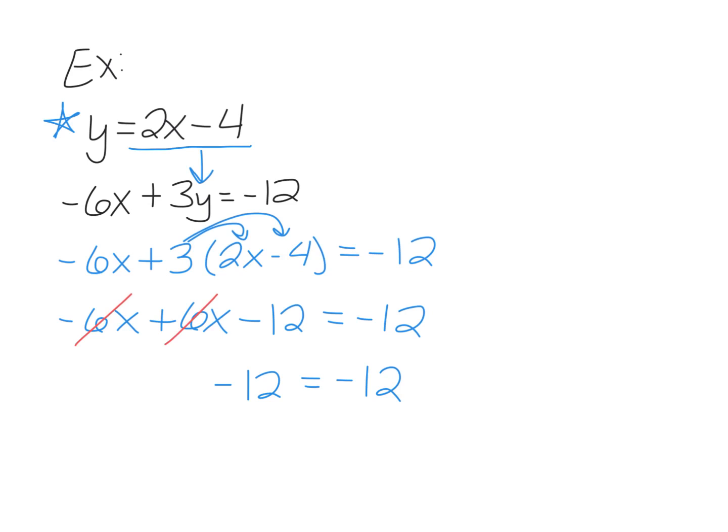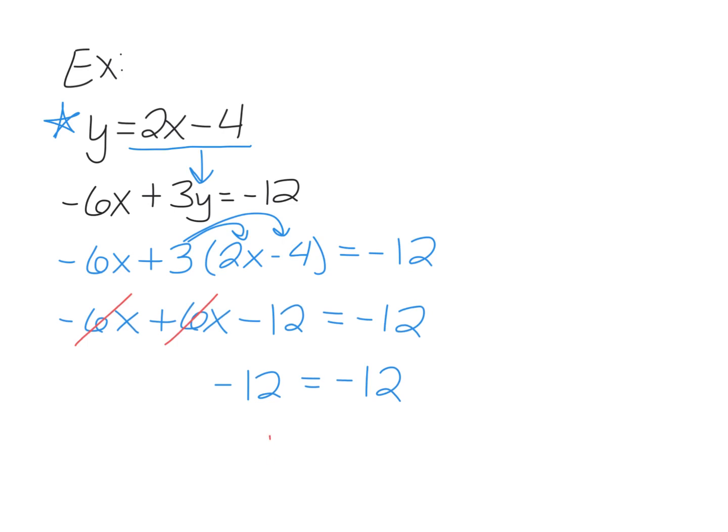Sure. If we plugged in 2, negative 6 times 2 would be negative 12, plus 6 times 2, 12. So would those still cancel each other out? And we would still get this answer? So no matter what x we plugged in here, it would be a true solution.